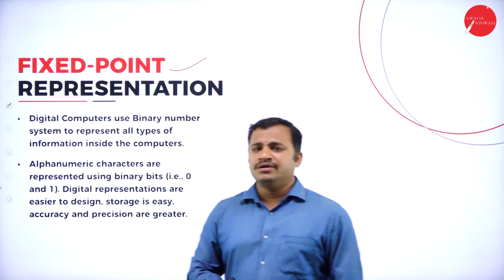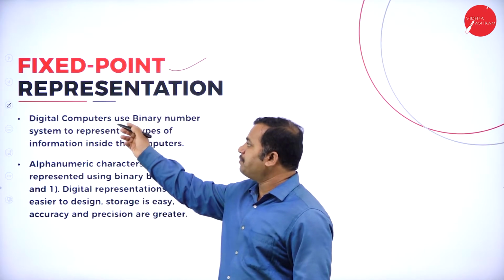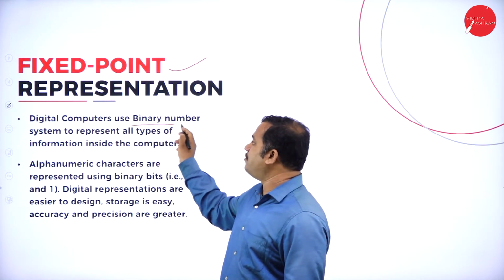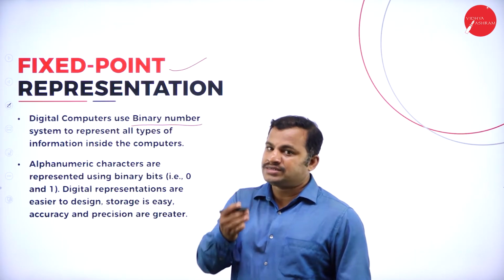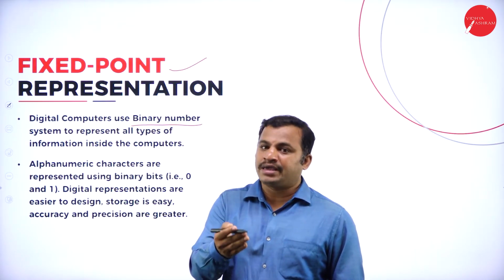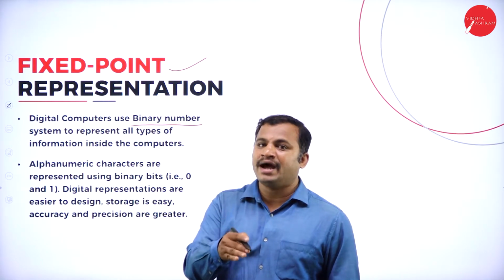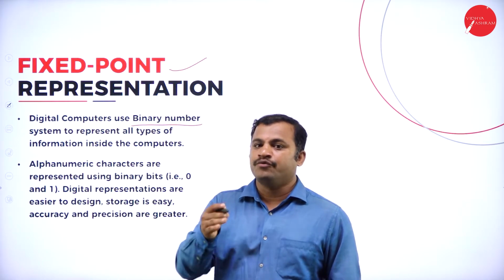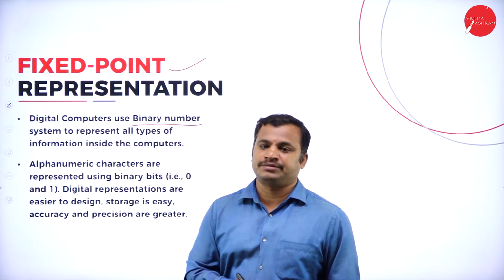In this session, we state that computers usually represent the numbers in the form of binary format, which is very useful as it is very much accurate, precise and easy to store the data items in the computers.